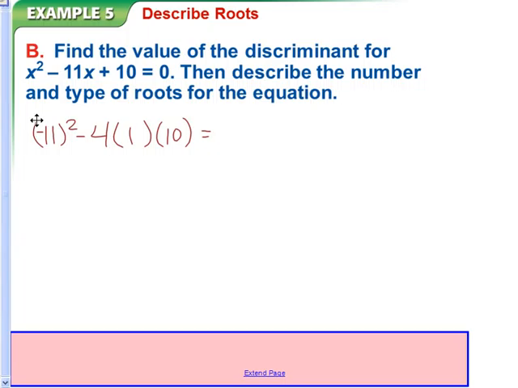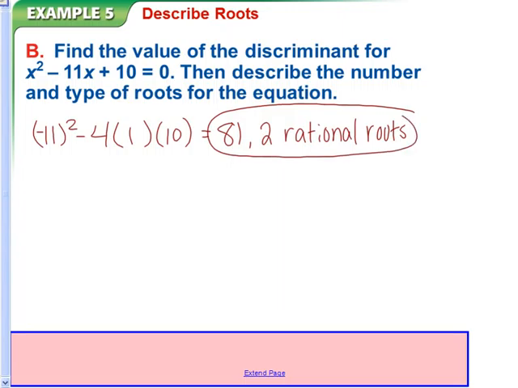And this time we get 81. 81 is a positive number, and so it will be 2 real roots, but since it is a perfect square, it's actually 2 rational roots. If it was not a perfect square number, it would be 2 irrational numbers.